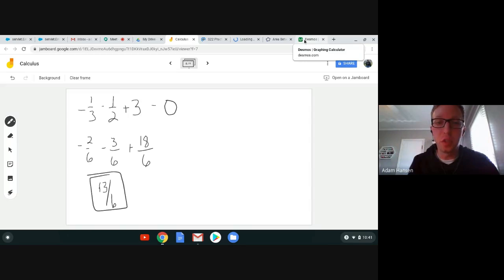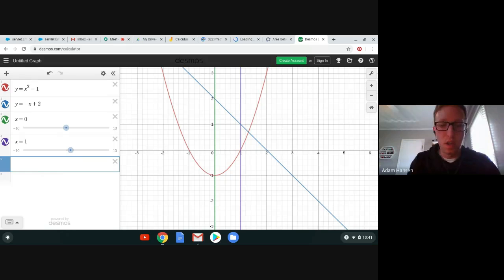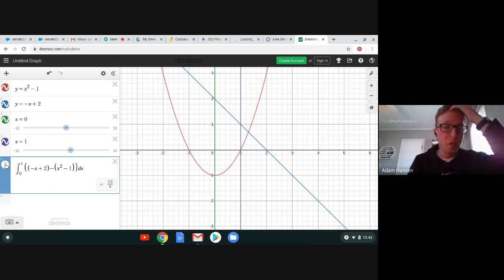And I can confirm that on Desmos: 13/6 as the definite integral from 0 to 1 of quantity negative x plus 2 minus quantity x squared minus 1 dx. That's 2.16 repeating, or 13/6.